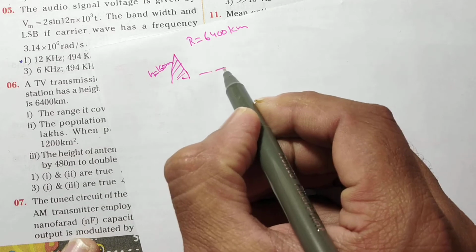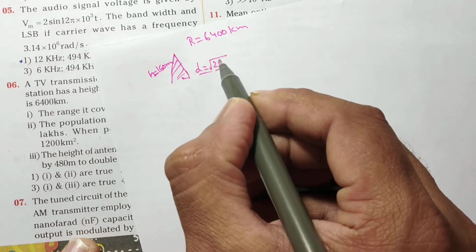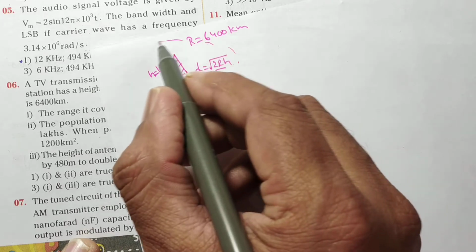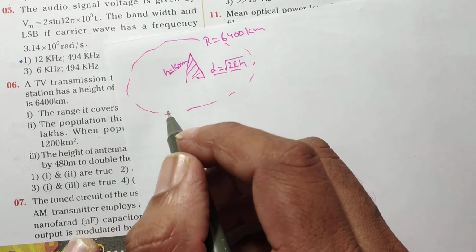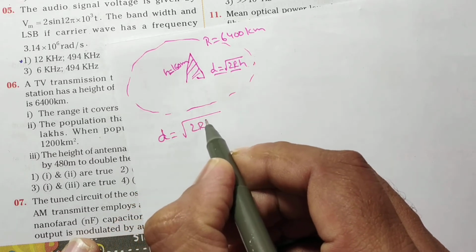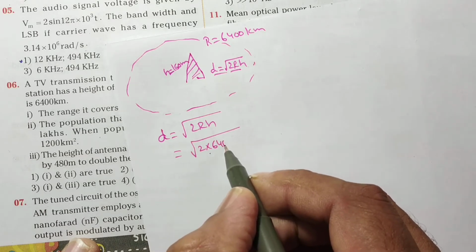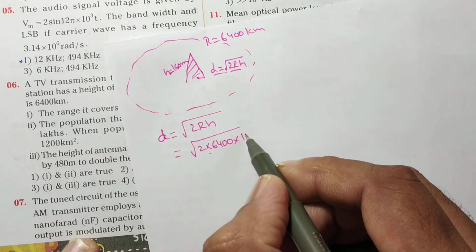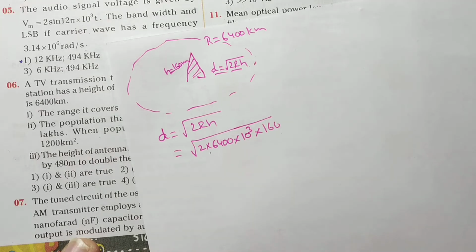This is the range, D, the covering range, how much distance it is going to cover. Now range D is equal to the square root of 2RH. That is equal to the square root of 2 into R, which is 6400 kilometers, meaning 6400 into 10 to the power of 3 meters, and height is 160.